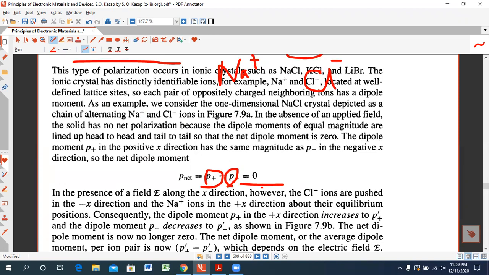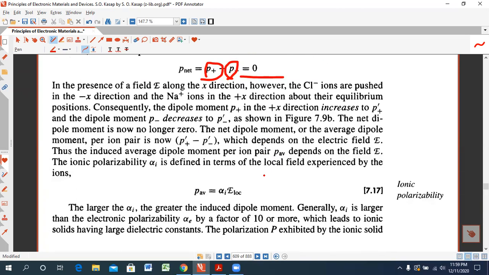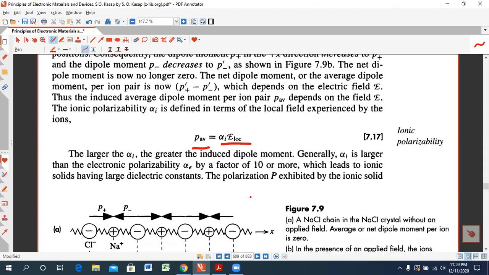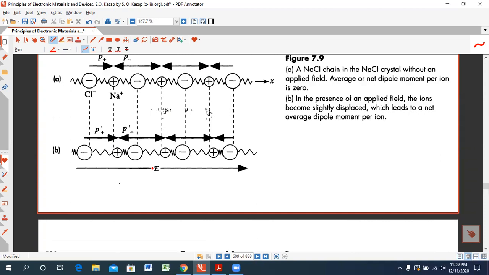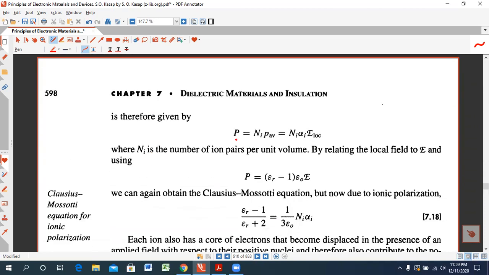But in the case of a covalent bond, there will be some polarization. In the ionic polarization, P average equals alpha I E local, the same formula as before. In the same way, we will find that P equals Ni P average, the formula we have already derived for dielectric materials.